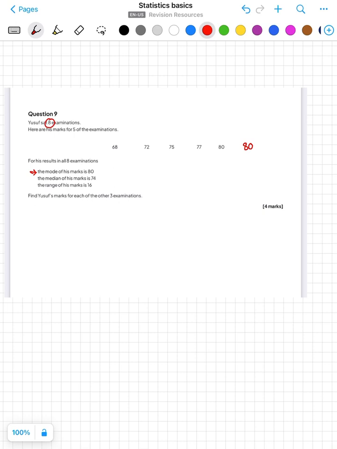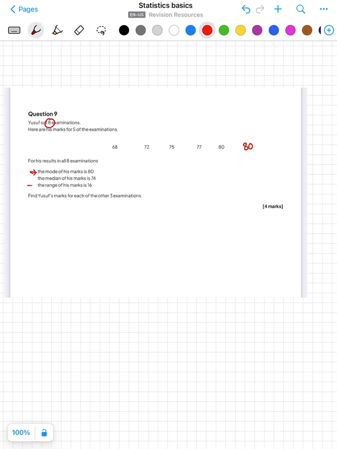The median is 74. So if he's got 8 pieces of data, that tells me that we've got to have 1, 2, 3, 4, one, two, three, 4. Something has to go in here or in here, because median is halfway through.